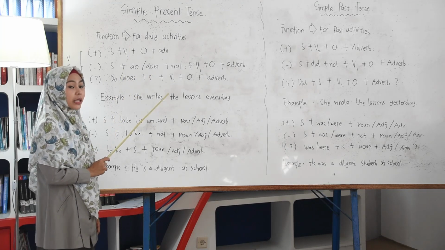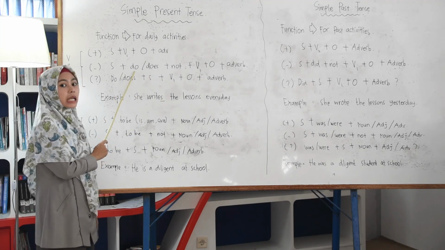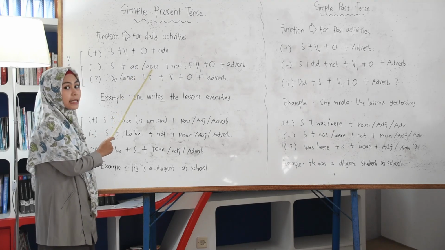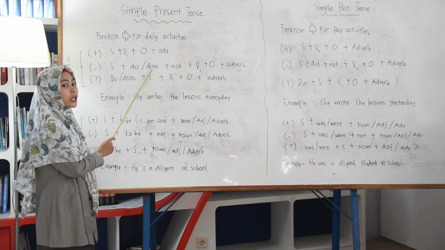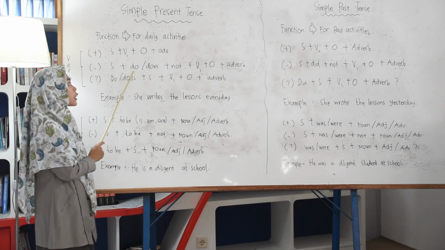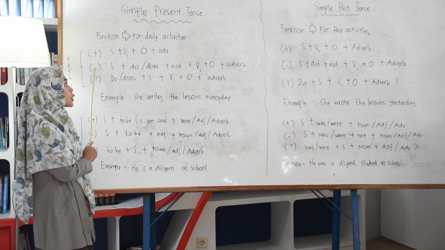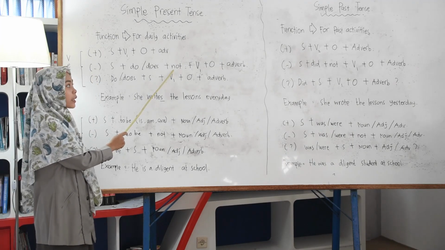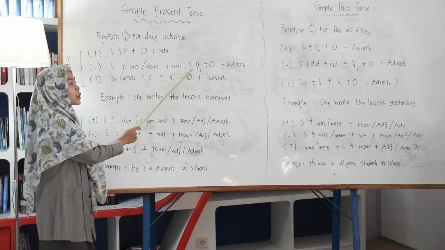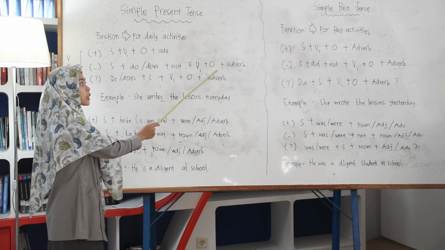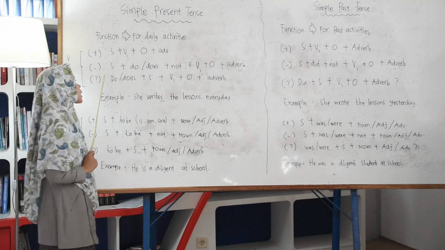Remember the subject. If the subject is singular, you have to use does. If the subject is plural, you can use do. Because this is the negative form, don't forget to put not here. And then you can continue with verb 1, plus object, and plus adverb.